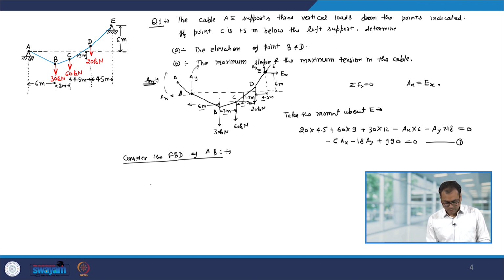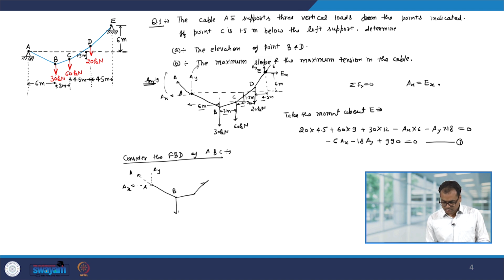So, let us look here. You have point A, point B, and point C, and then there will be a force which will act along the D direction. At point A you have the reaction force, which I can divide into Ay and Ax.